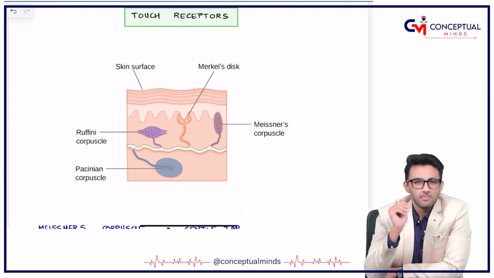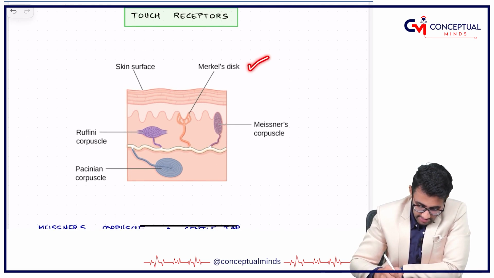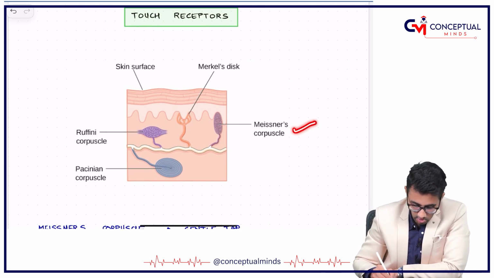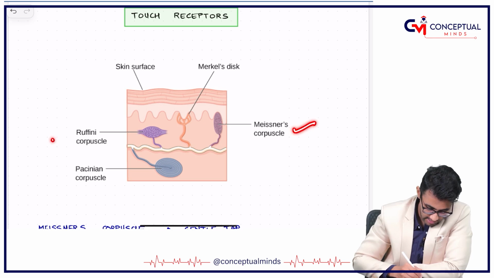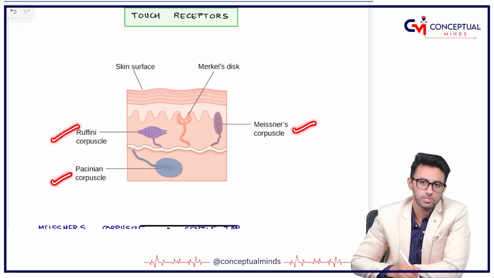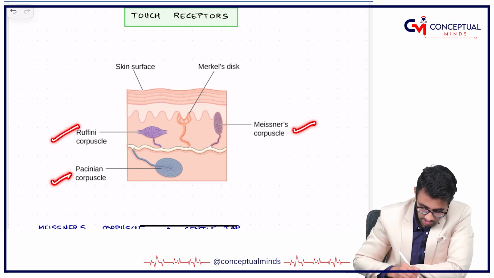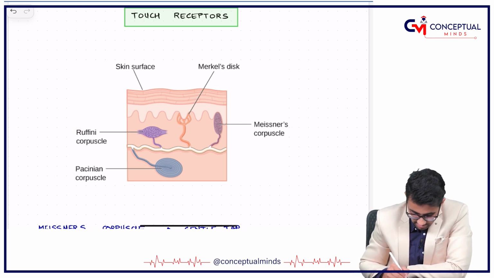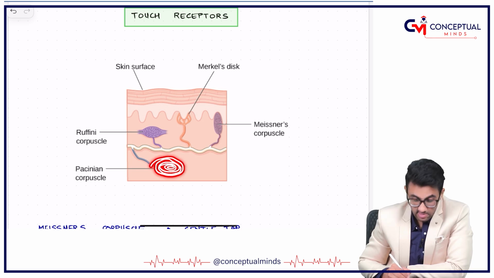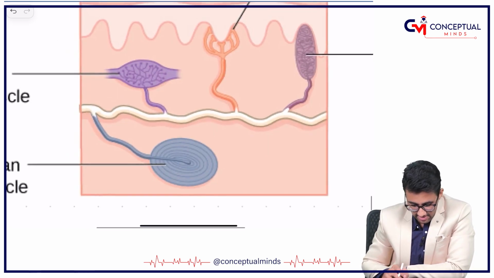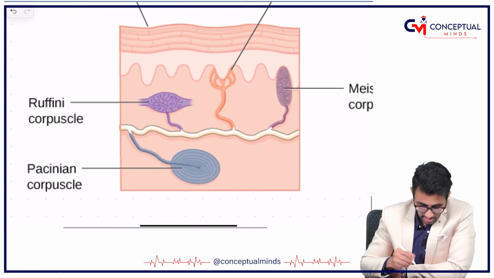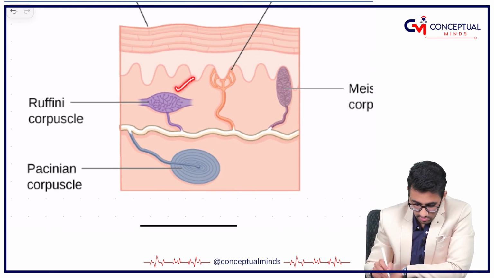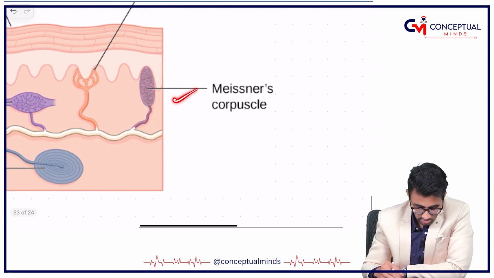Fine. So Merkel cells we just completed. Then Meissner's corpuscle, Ruffini corpuscle, and Pacinian corpuscle. Pacinian corpuscle is very famous for this structure. This one is the Pacinian corpuscle, this is a Ruffini corpuscle, and this is Meissner's corpuscle.